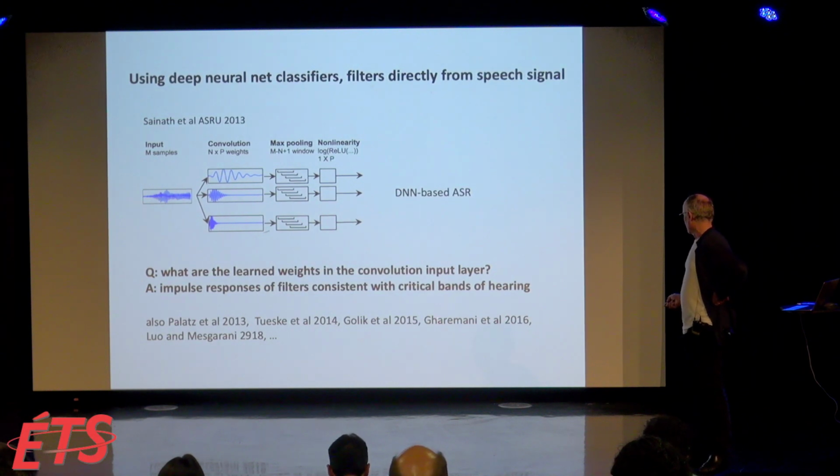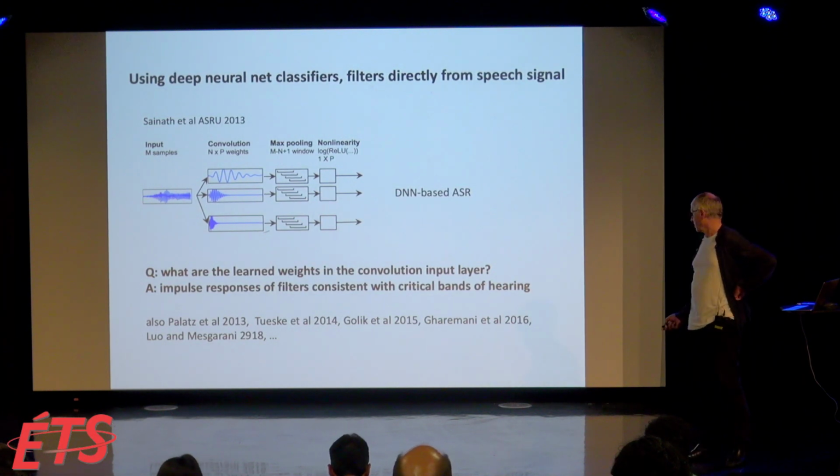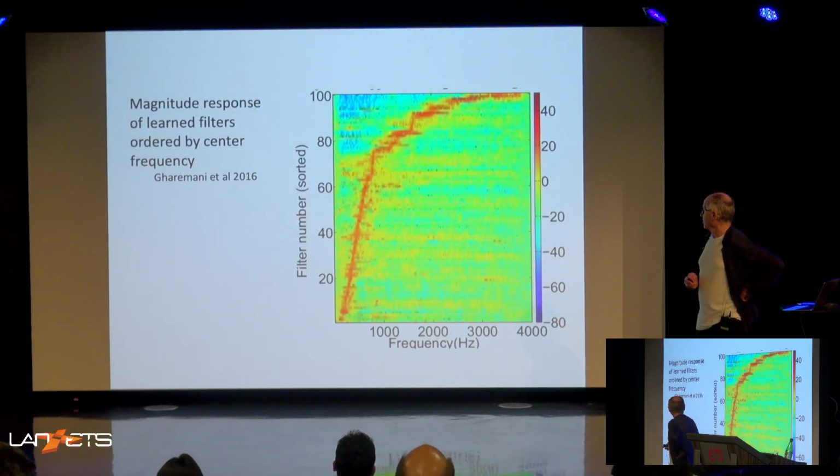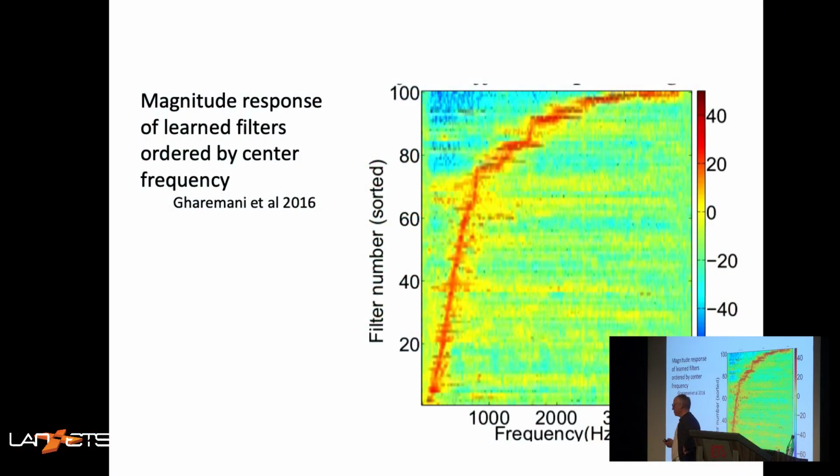I know well about the experiments here, which were done at Hopkins. Here is one of the typical results. What you are getting is that each of the rows describes the impulse response of the filter, the frequency response of the filter, because once you have an impulse response, you can compute the frequency responses.